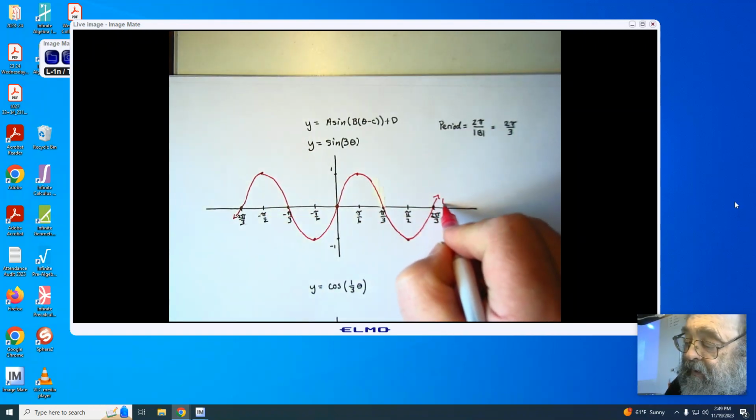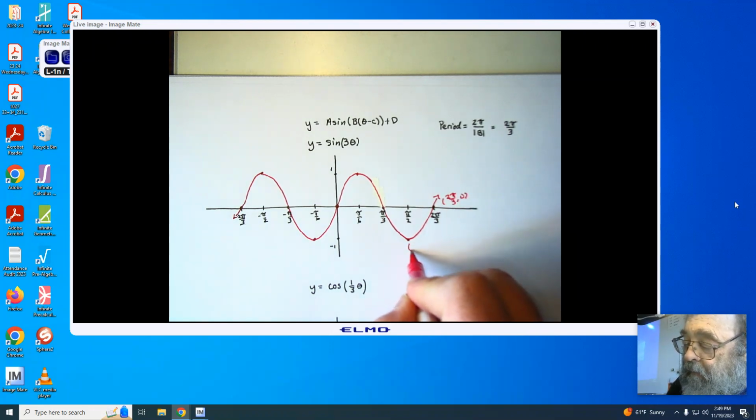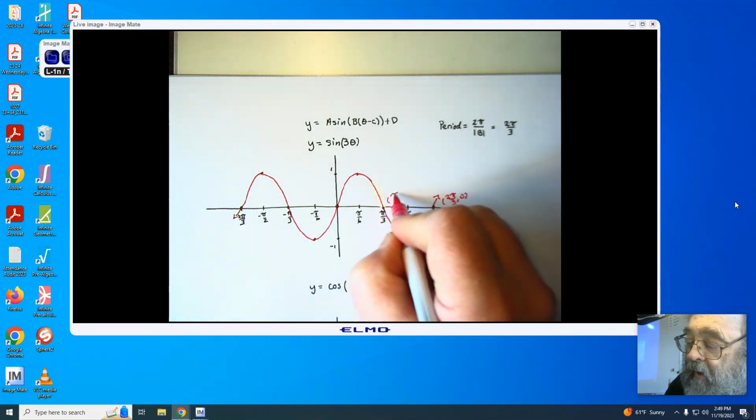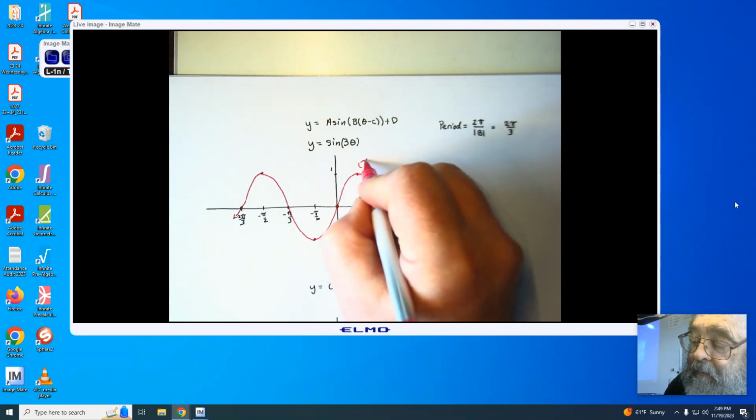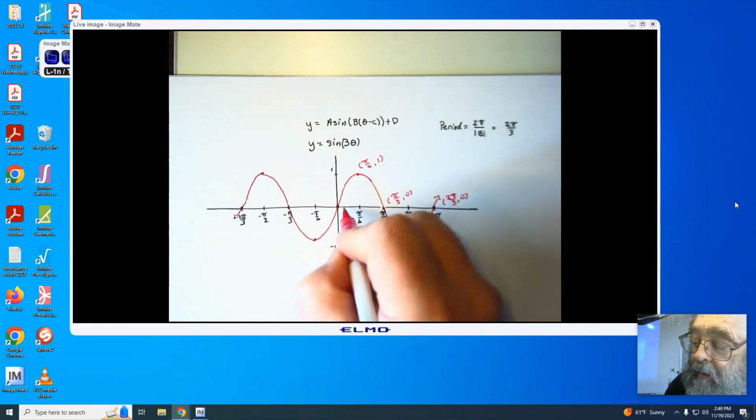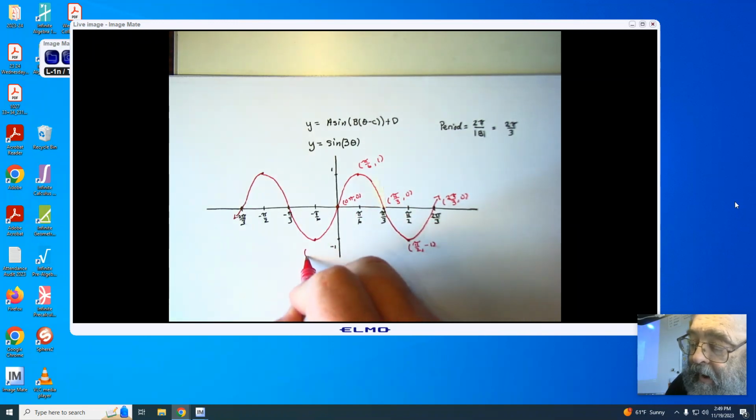I'm now going to have to plot my points. So we now have this point, 2 pi over 3, comma 0, pi over 2, comma negative 1, pi over 3, comma 0, pi over 6, comma 1, 0, comma 0, and then we work our way backward.